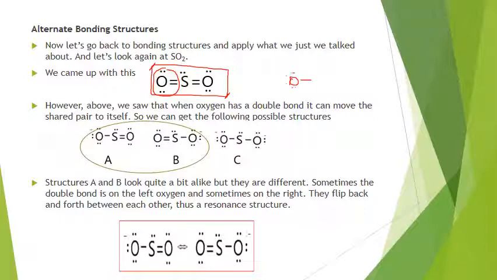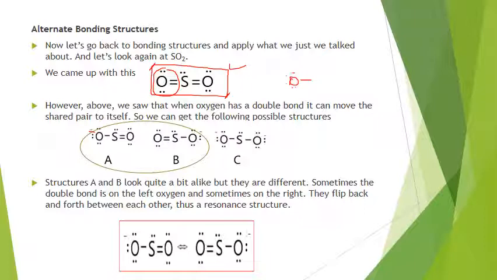So you can write sulfur dioxide like this, where one of the oxygens has the 3 lone pairs. Remember, put the dash here. Or you could have the other oxygen have it, or you could have both of them.